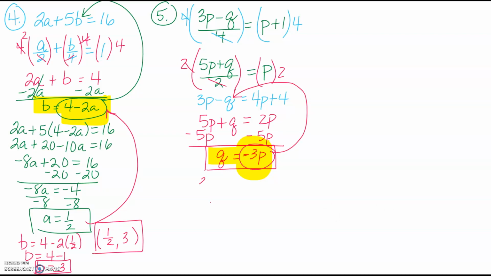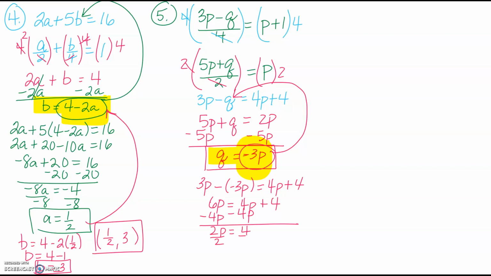So this becomes the 3p that is there minus, instead of q, negative 3p equals 4p plus 4. 2 negatives make a positive, so this is 6p equals 4p plus 4. I'm going to subtract my 4p, and I'm going to get 2p equals 4. Divide by 2, p equals 2.